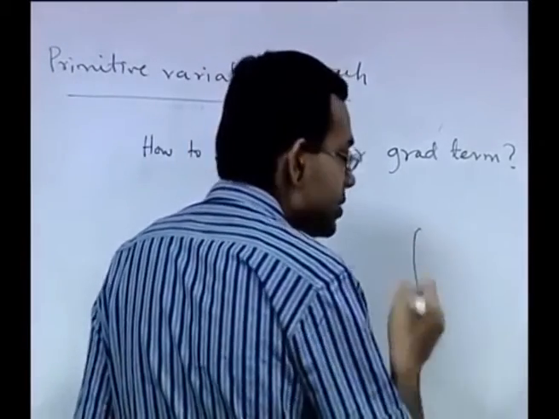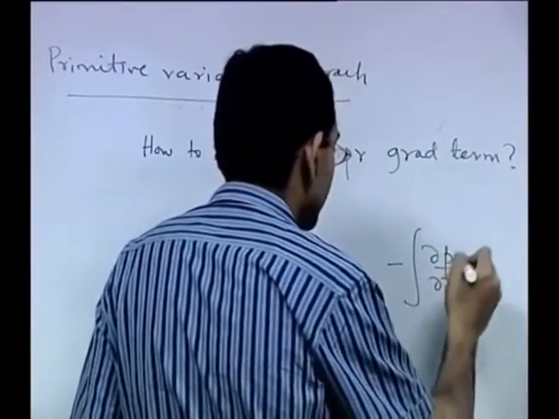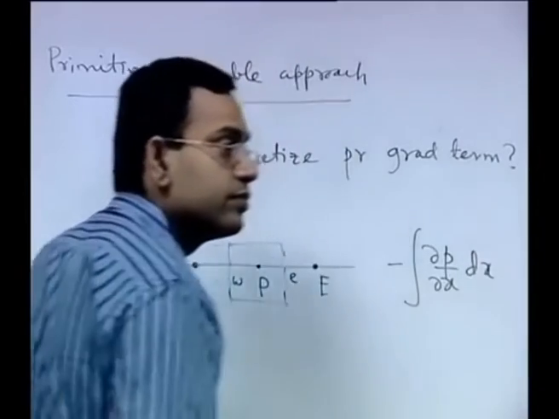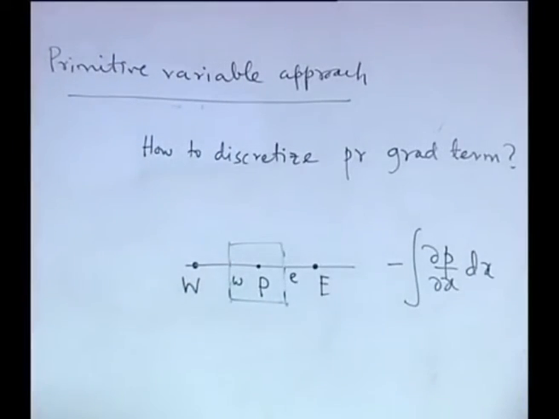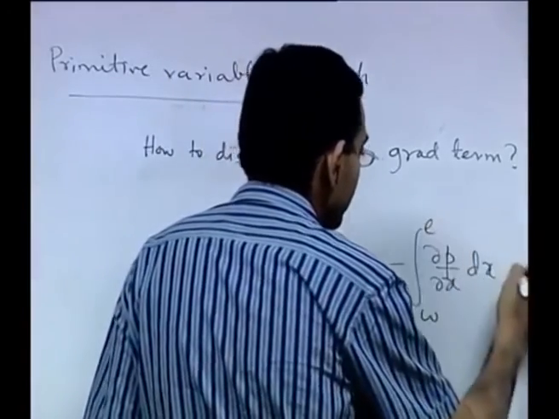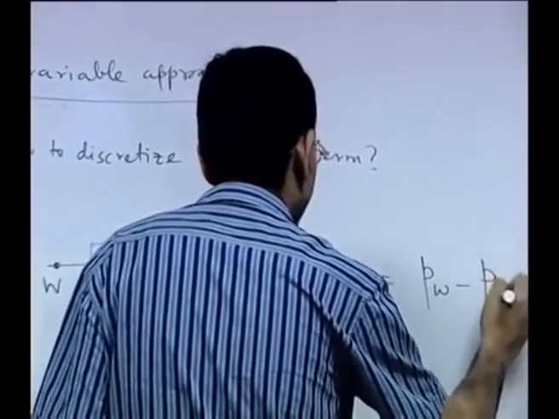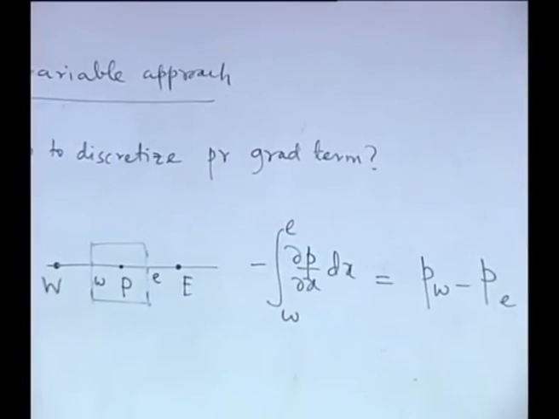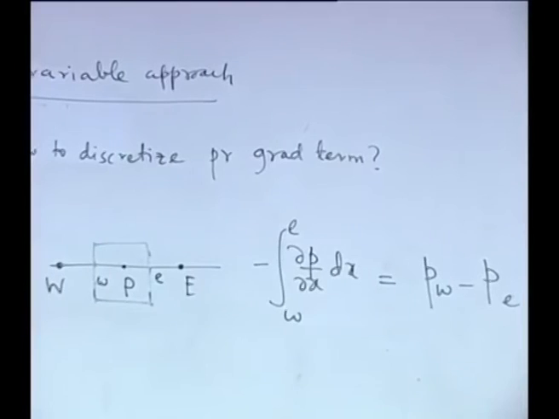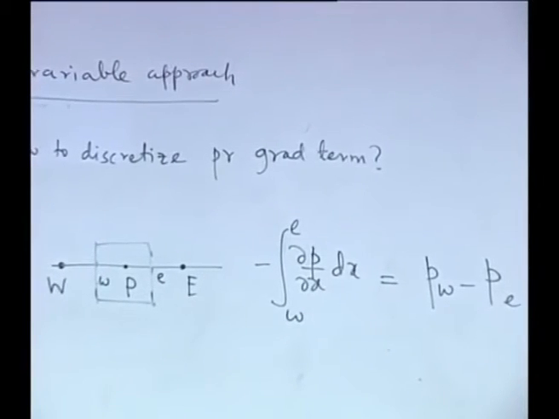So, what will be the corresponding representation? Minus del P del x dx, from small w to small e, that is equal to P small w minus P small e. That is the integral form of the source term which we require in the finite volume formulation.